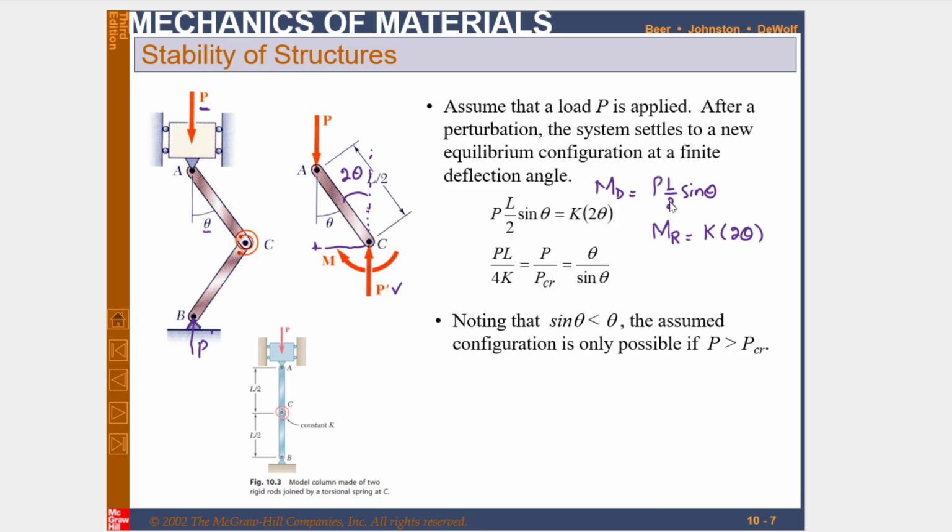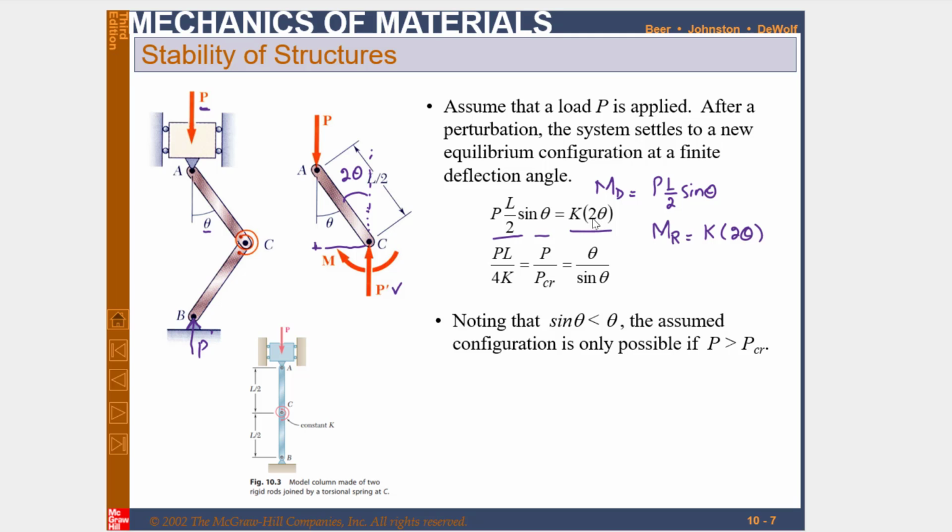So in order to find the load, this restoring torque must be equal to this destabilizing moment. When you equate them, P into L by 2 sine of theta is equal to K into 2 theta. The term on the left side is the destabilizing moment, and the term on the right side is the stabilizing moment.